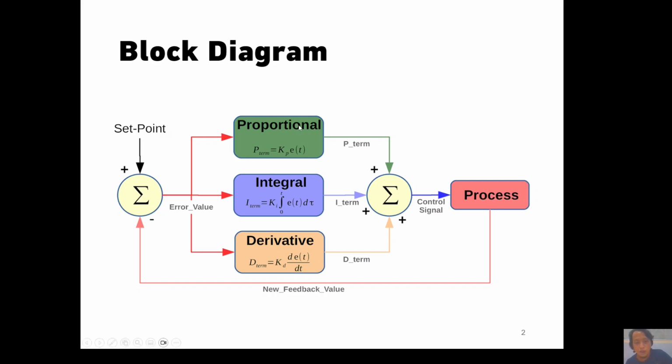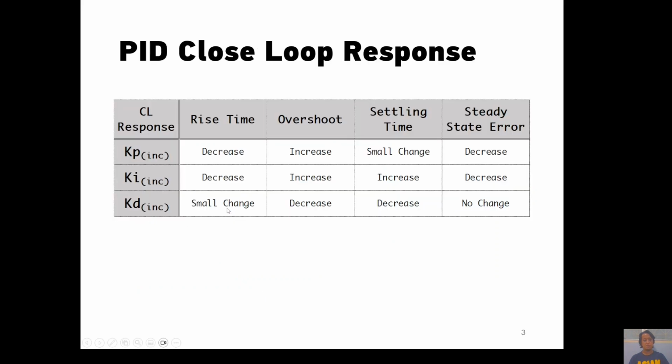After the PID, from the proportional term, integral term, and derivative term, we sum them and get U of T, which is fed onto the process and then sent back to the first summation point.